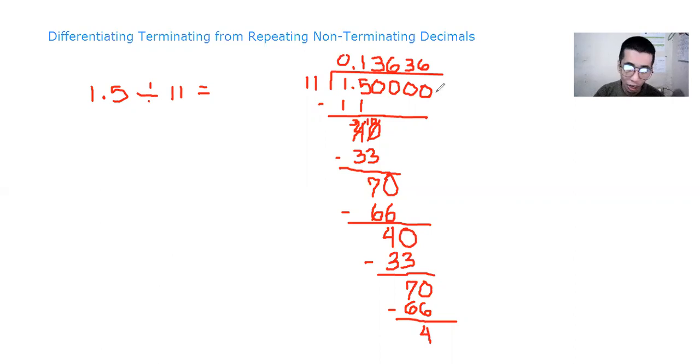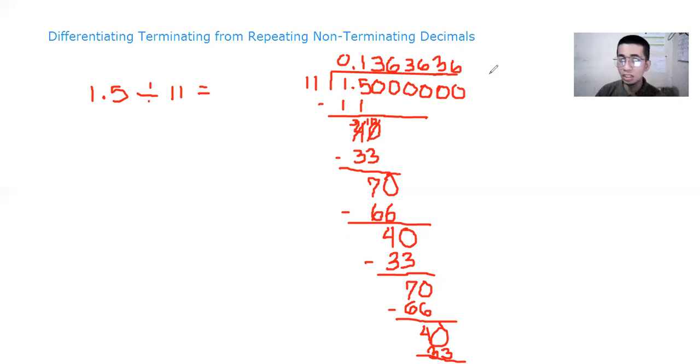Kapag tinuloy natin to, we add 0 again. So, 40 divided by 11, 3 ulit ang ilalagay natin, diba? Then, magiging 33 dito, so, magiging 7. So, 70, so, magiging 6 ulit yung malalagay natin dito, diba?